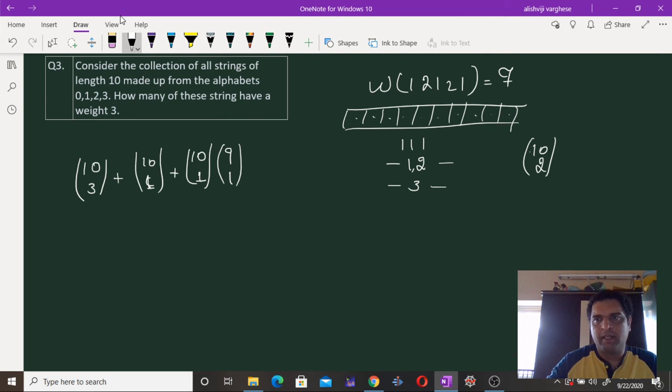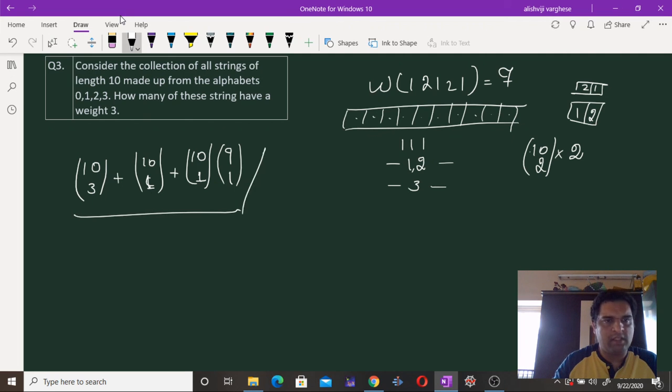But since we choose two positions, 1 and 2 can be arranged in those two positions in two different ways, so it can be 10C2 into 2. So both will give the same result. Anyhow, these are the ways in which we can have a string of weight 3. So here we count the number of strings which have a given weight of 3.